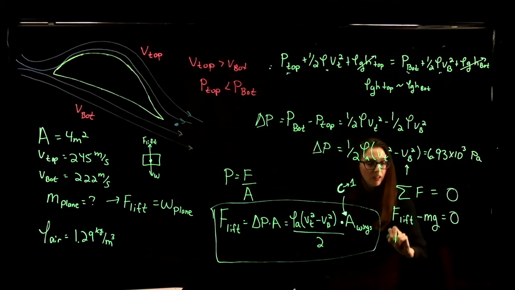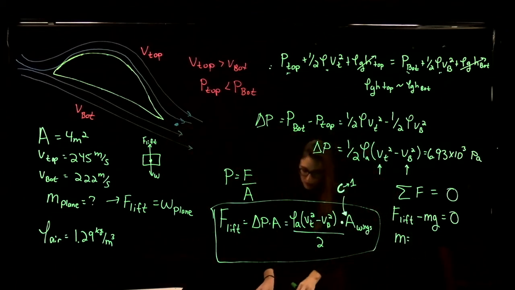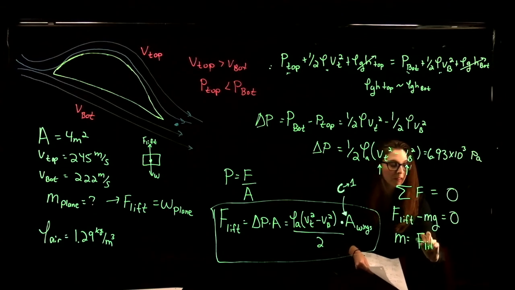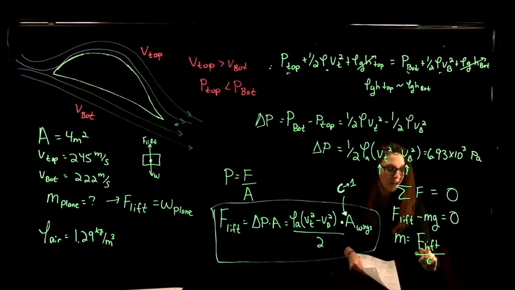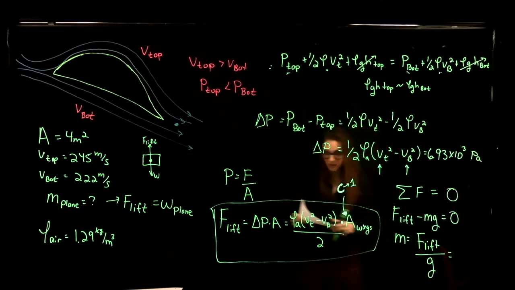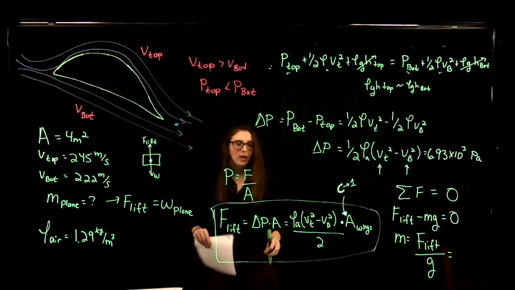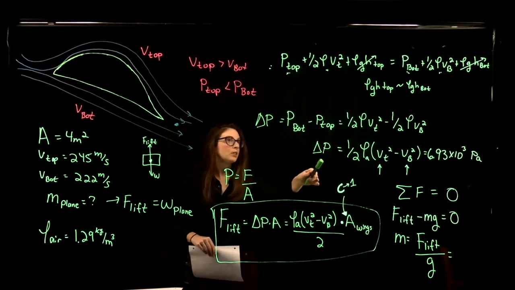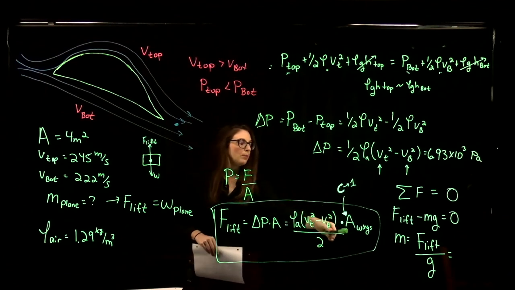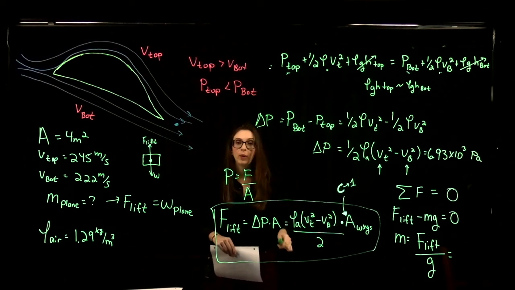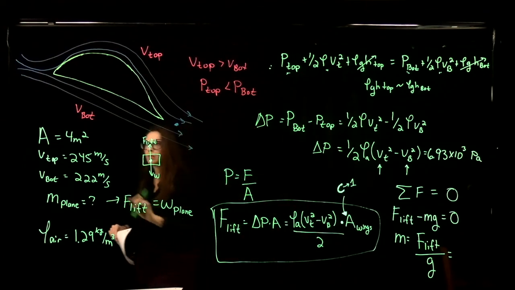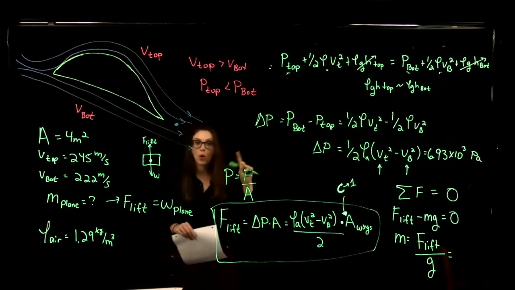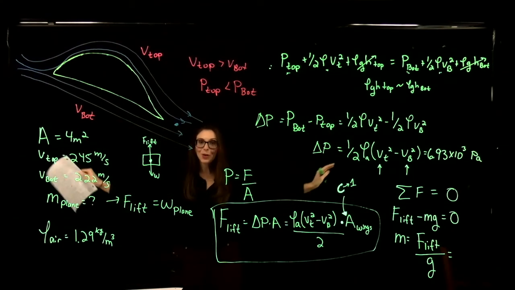So then m of the plane is going to equal our lift force divided by gravity. Okay? So if you plug in your quantities here for the density of air, we found our difference in pressure right here. Multiply it by the area of the wings. In this case, 4 meters squared is the area of one wing, but our plane has 2 wings.